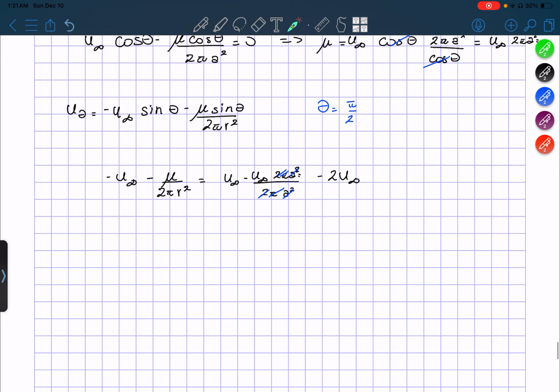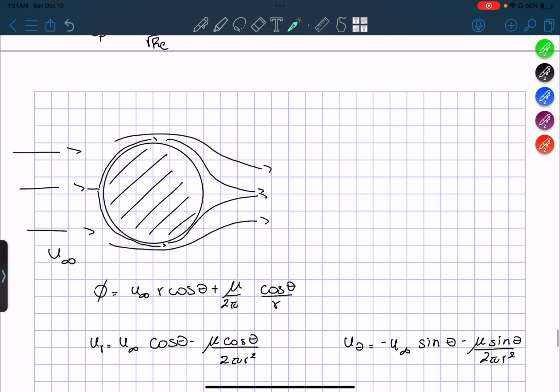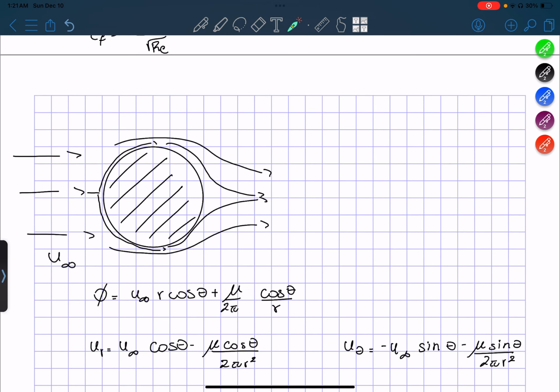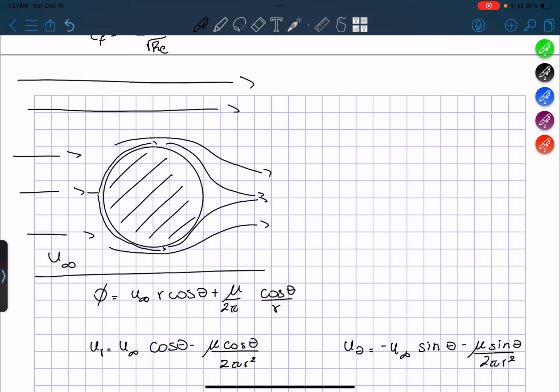Why 2 though? How does this velocity increase? Well, I want to explain this using conservation of mass. So if we go back here, we can imagine that there are other lines up here and they still go untouched.